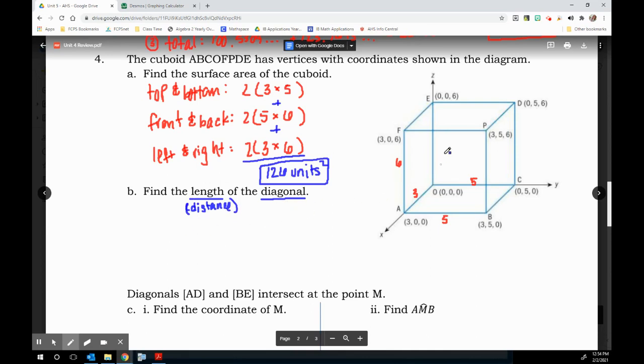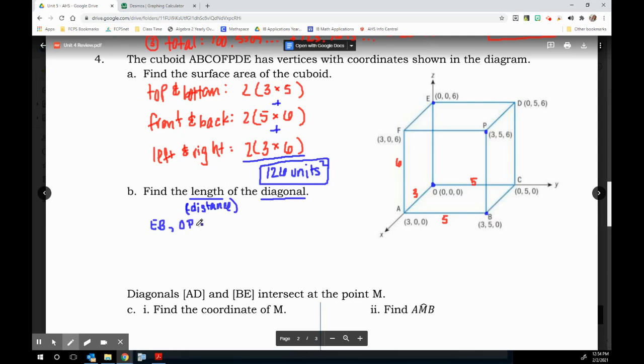So option one would be to go from E at the top down to B at the bottom, so going from top back to bottom front. Keeping along that back piece, I can go from O to P. You're basically just going from one corner to the opposite corner.